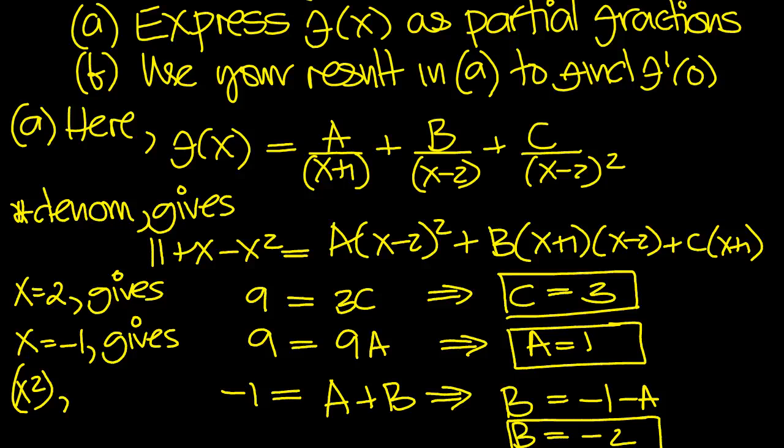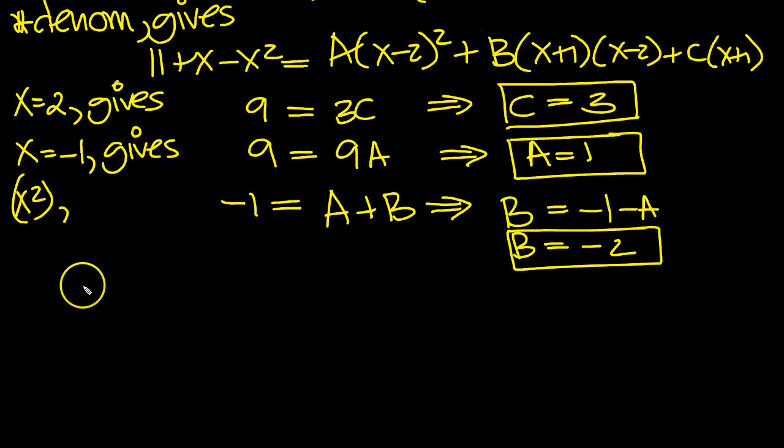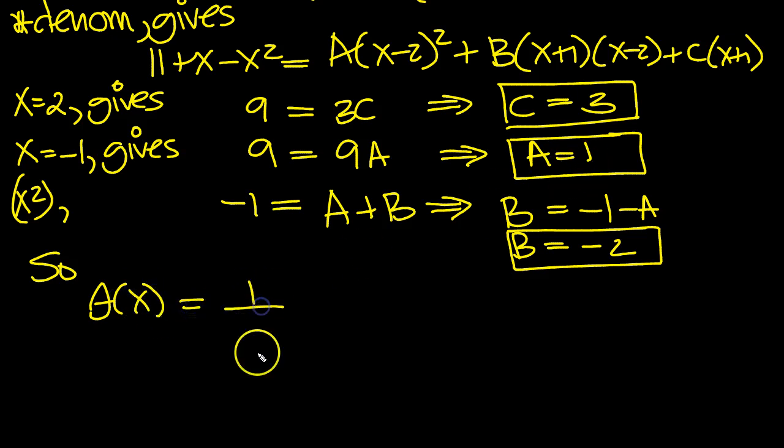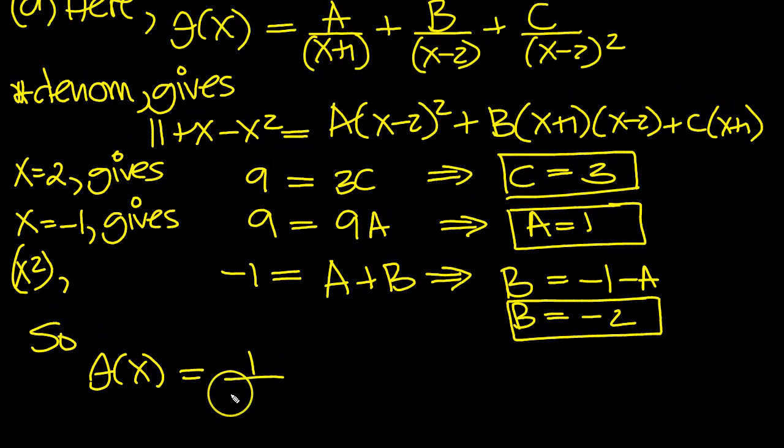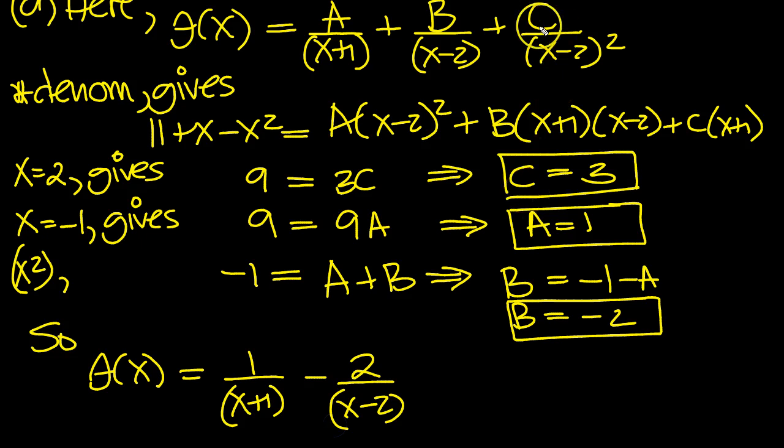So, okay, so f of x then. So, f of x is equal to a, which is 1 over x plus 1 plus b, which is minus 2, over the x minus 2, plus c, which is 3, over the x minus 2 squared.